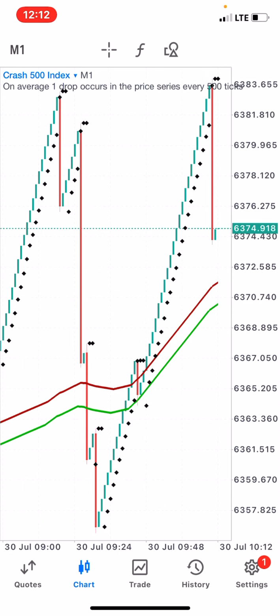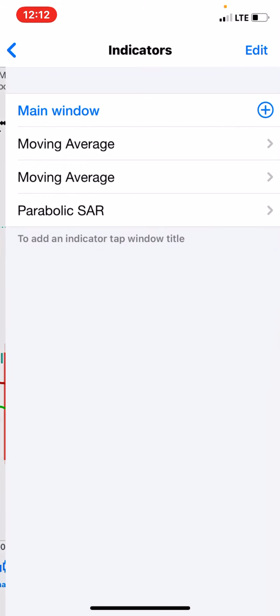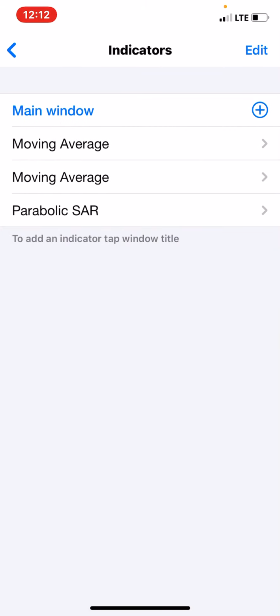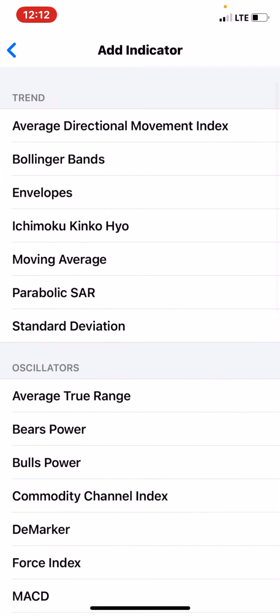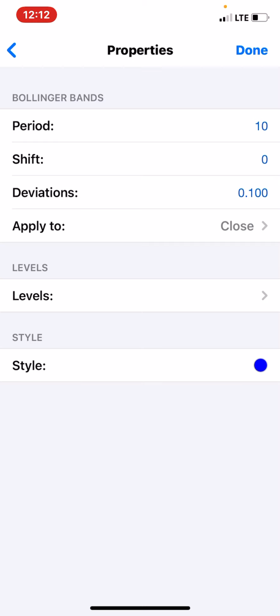and those are the parabolic SAR dots that you see right there on the screen. Okay, last but not least, we want to install some Bollinger Bands on our main window again, and then we're going to look for Bollinger Bands, and they're going to have the following properties: a period of 10, a shift of 0, deviations of 0.1, which is written right there 0.100, and then apply to close.